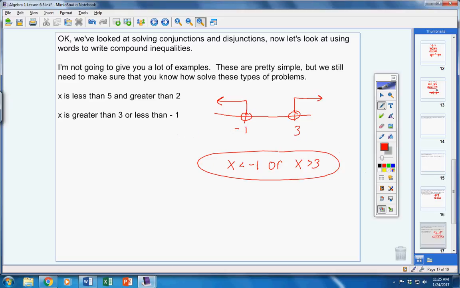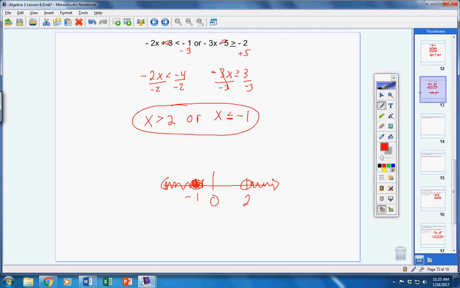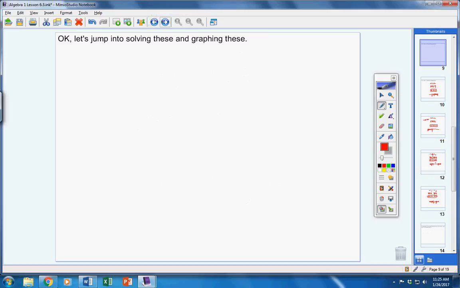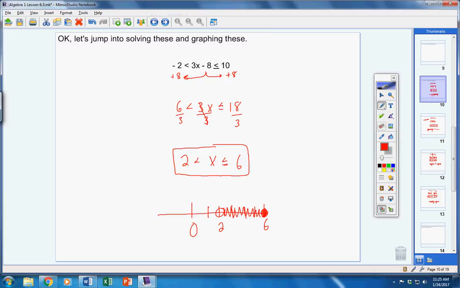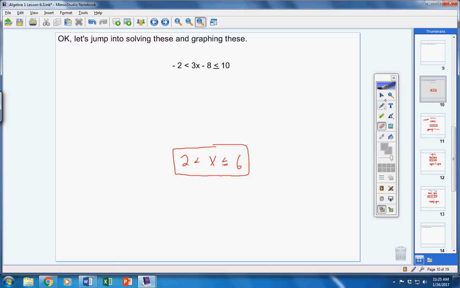Now lastly, I want to go backwards and make sure you guys know how to write these expressions with words. Okay, that's very important. So let's go to our very first problem that we solved right here. Go back in your notes to this problem here, would you please? Thank you. Go back to your notes where this problem is and look at your answer. Here's your answer.